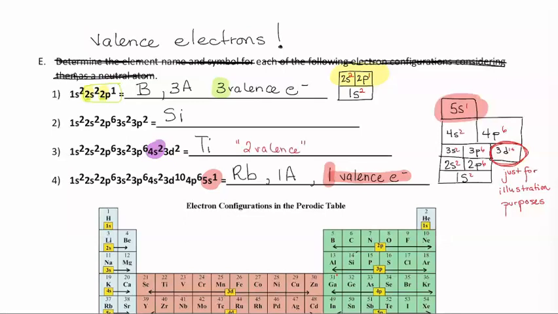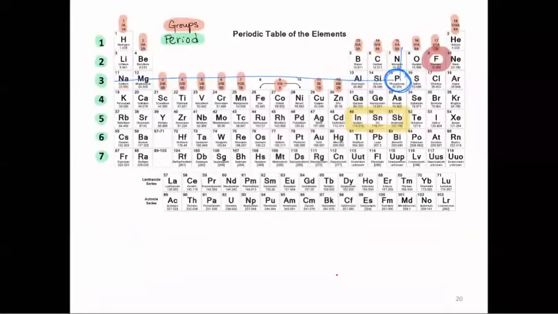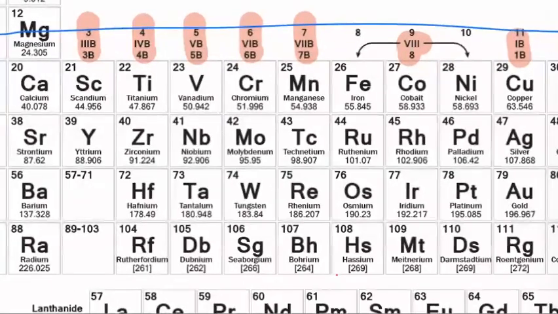But when we look at the group number where titanium is, you can see that titanium is in group 4B. So I don't want you guys to be thinking, oh, it's group 4B, so it has 4 valence electrons. Once you're talking about the B group, the rule doesn't apply.